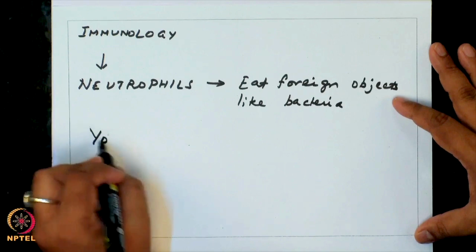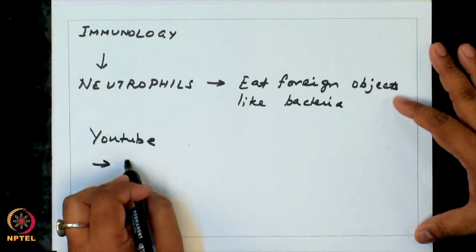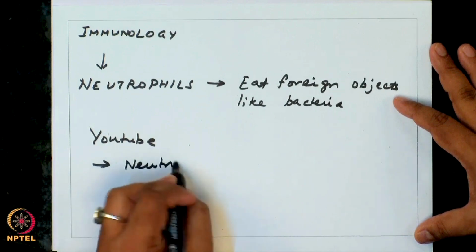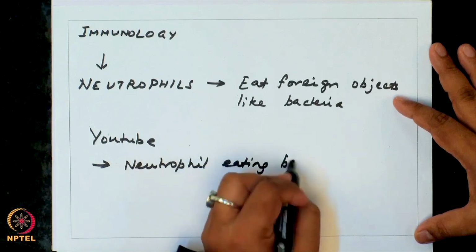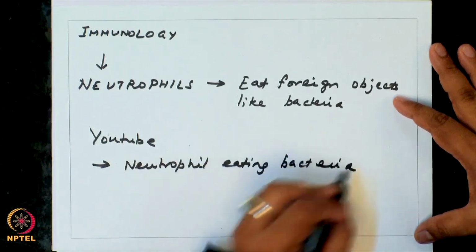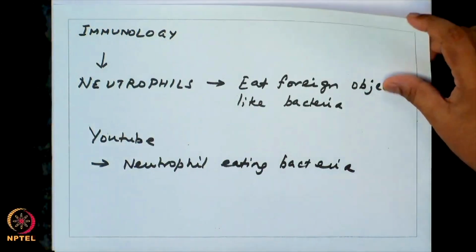So, if you go to YouTube and you search for videos of, let us say, neutrophil eating bacteria, you will come across various movies. You start any one of them.